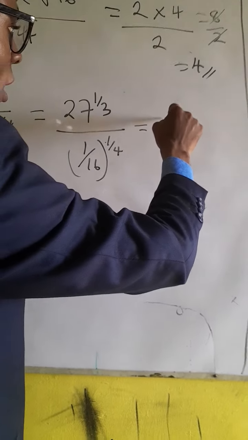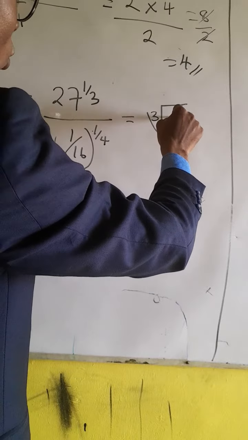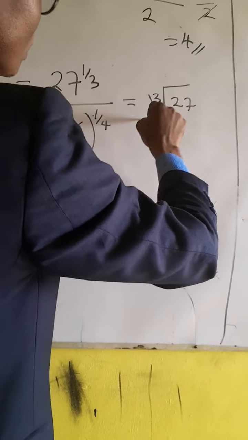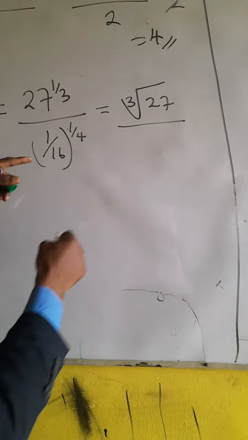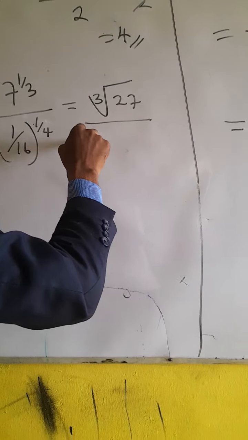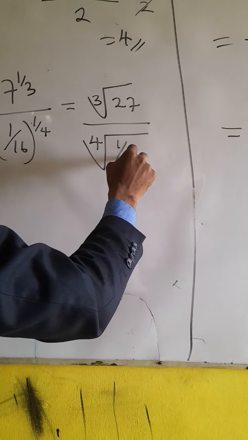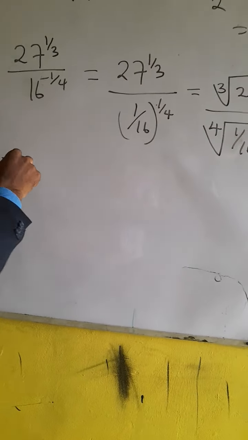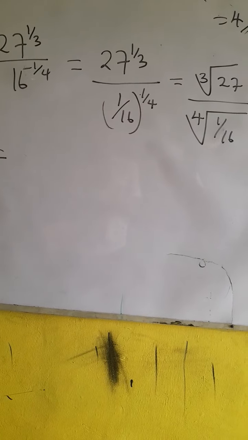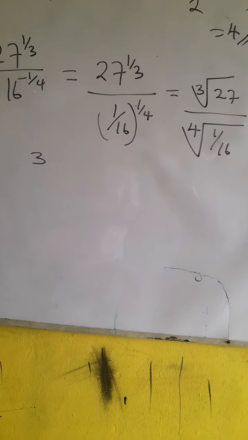Here will be what? The cube root of 27. Divide by, here will be the 4th root of 1 over 16. The number we can multiply 3 times to give us 27 is 3.